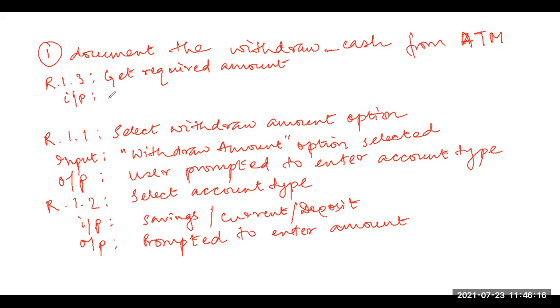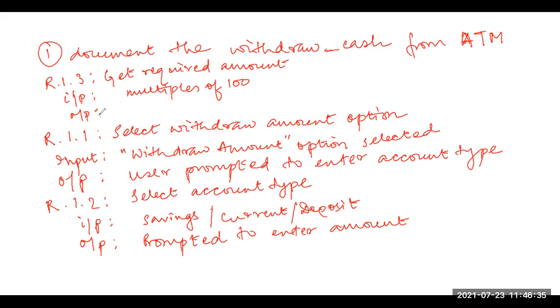Here, what is the input? The input is the amount to be withdrawn, in integer values greater than 100 and, suppose, less than 10,000, in multiples of 100. So I will have to give such an amount which will be in multiples of 100, and so forth. And what will be the output?